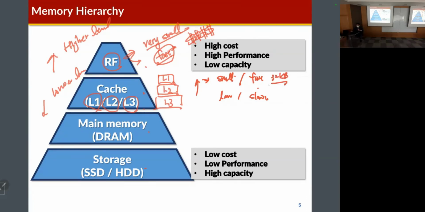Level 2 is larger than level 1, at 256 or 512 kilobytes. Level 3 cache is very large, like several megabytes. So you can have different levels of cache memories.